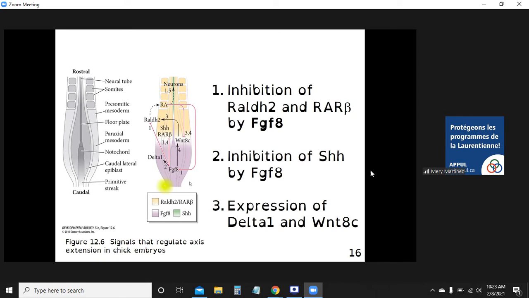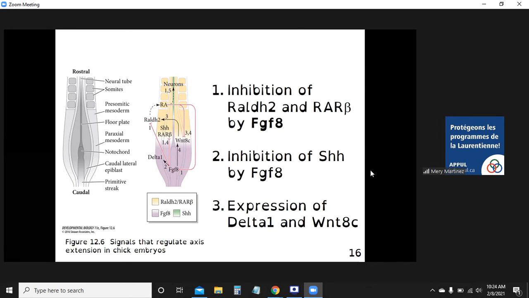So we have a first inhibition of FGF on the retinoic acid that is normally synthesized by RALDH2, this one that we have in here. So FGF is going to cause an inhibition of this one that is normally the one in charge of the retinoic acid. This occurs in the presomatic mesoderm. Okay, all of this is the presomatic mesoderm.